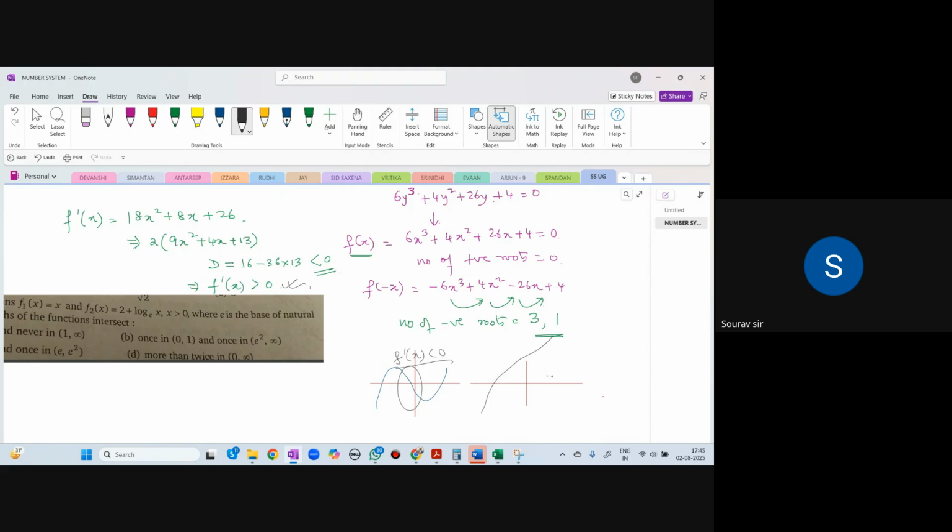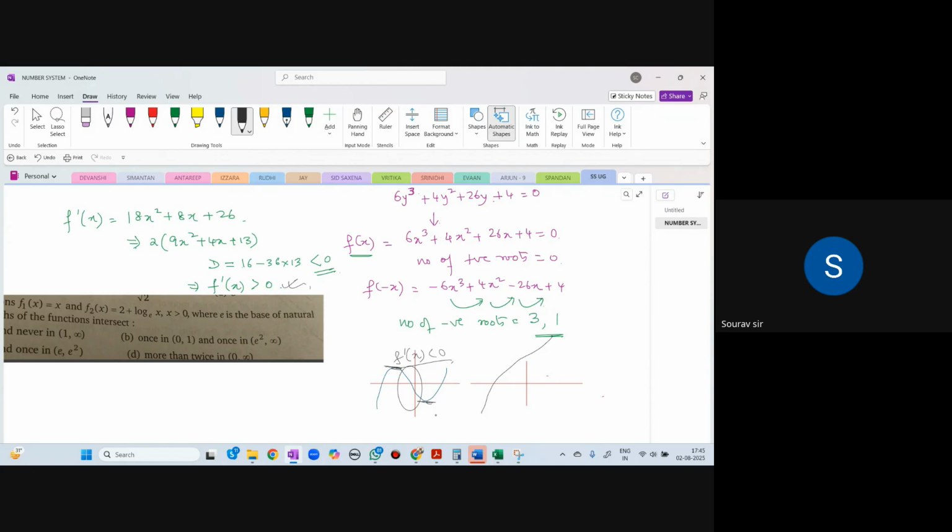Only Descartes' rule will not give you the answer here. It will give you either 1 or 3 roots. But whether it is 1 or 3 will be determined by the value of f dash x. In order for it to have 3 roots, it has to have a maxima and a minima. That means f dash x has to be 0 at some point.